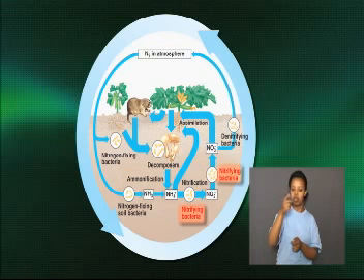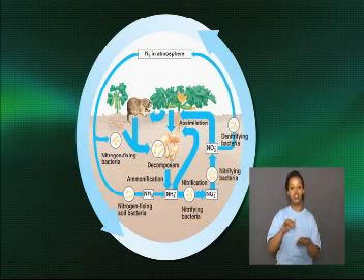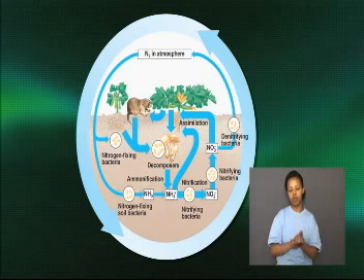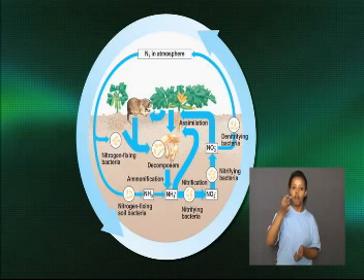Nitrifying bacteria are involved in the next step. Nitrification is the biological oxidation of ammonia with oxygen into nitrite, followed by the oxidation of these nitrites into nitrates. Nitrification is a 2-step process.